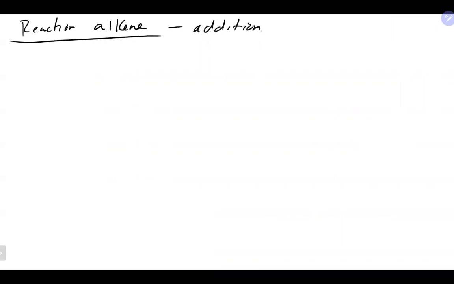Okay. So let's talk a little bit about reactions that these alkenes undergo. Alkenes undergo what are referred to as addition reactions. And they're pretty straightforward in the sense that this is pretty much what happens. You have a double bond because it's an alkene, and you basically want to add something to it, like A and B. 100% of what happens in these reactions is simply you find where the double bond is, and you need to make room for those things to come in.